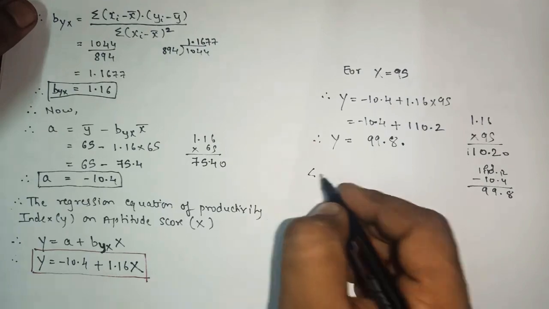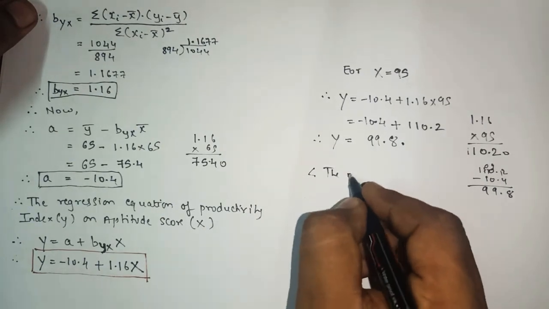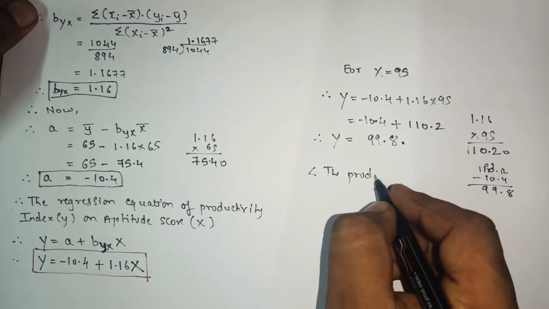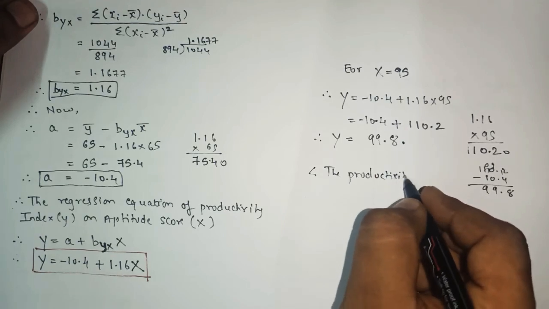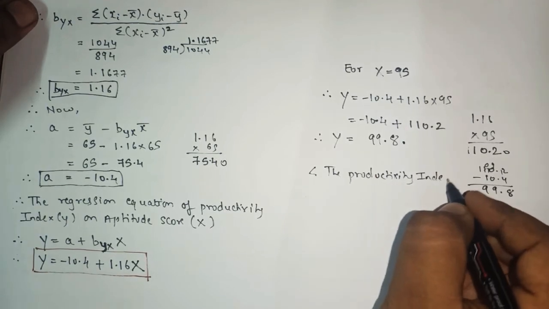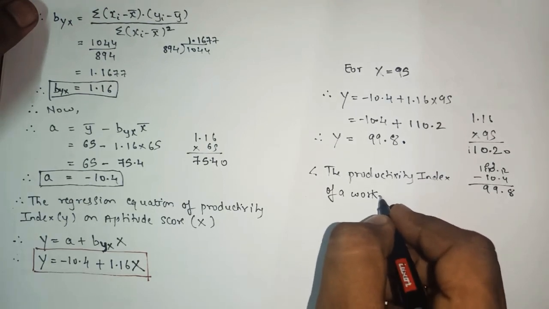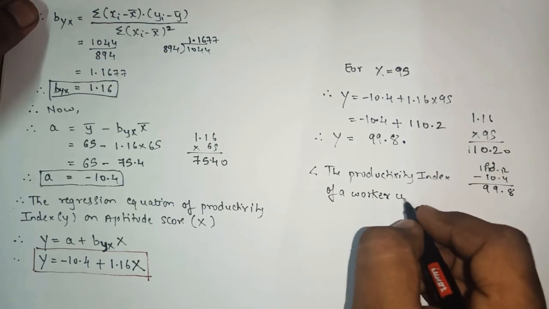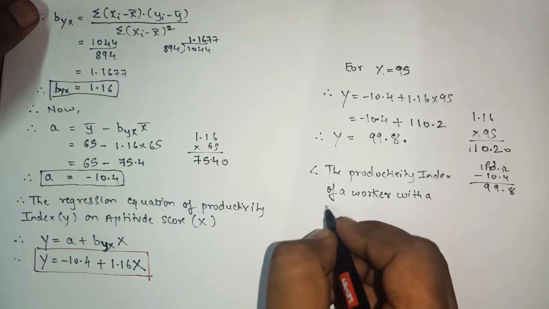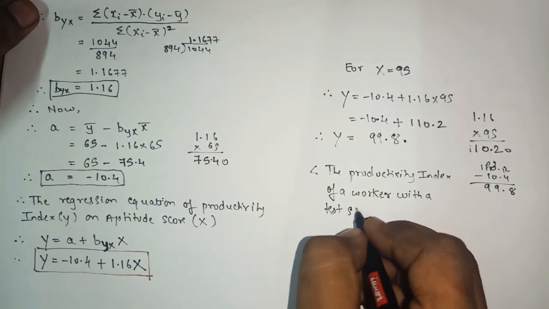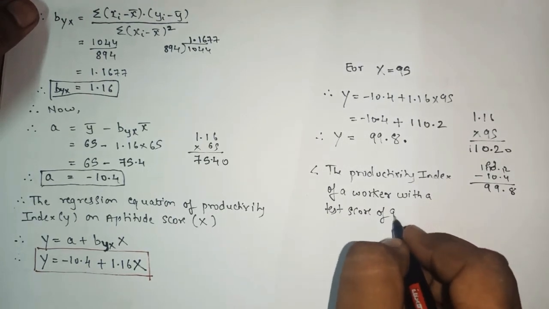So in the next step you will write that the productivity index of a worker with a test score of 95.